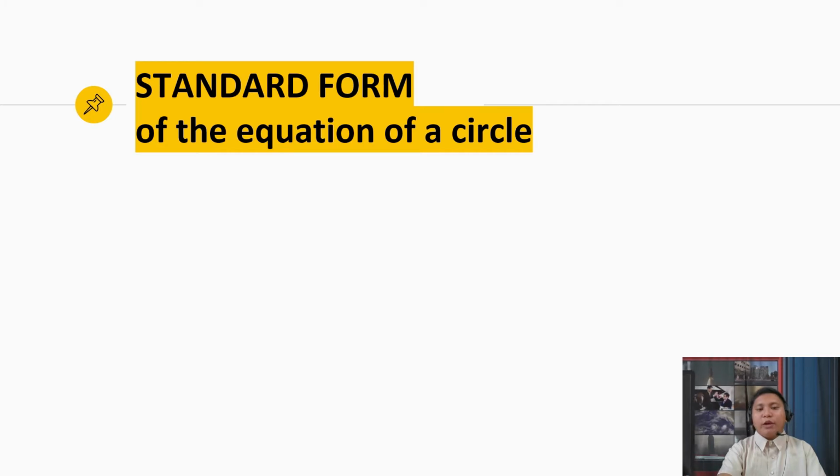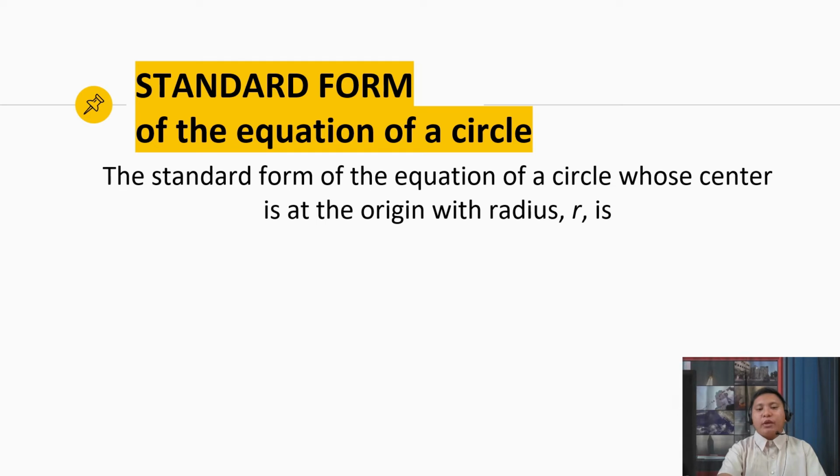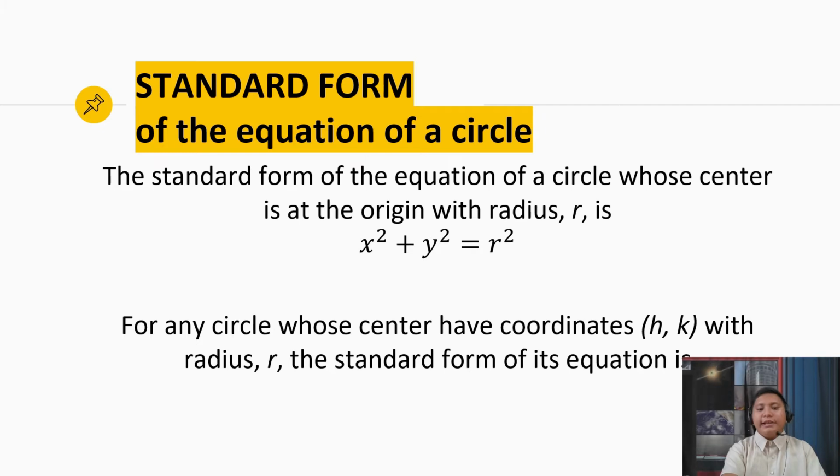Okay, the standard form of the equation of a circle whose center is at the origin with radius r is x squared plus y squared is equal to r squared. That is the case in which the center is at the origin. For any circle, the center has coordinates h and k with radius r.